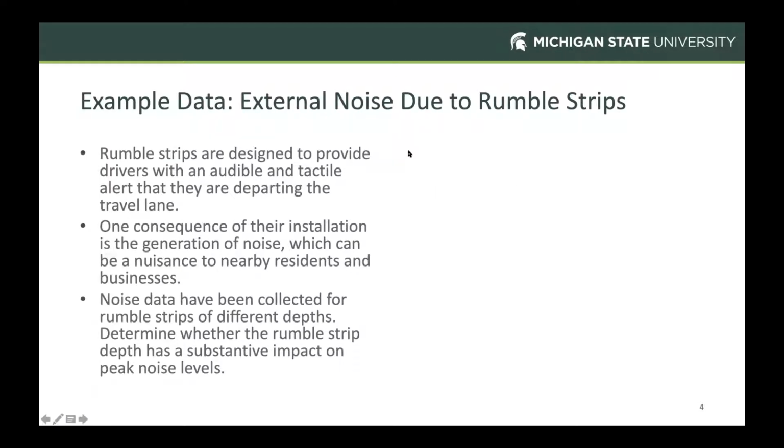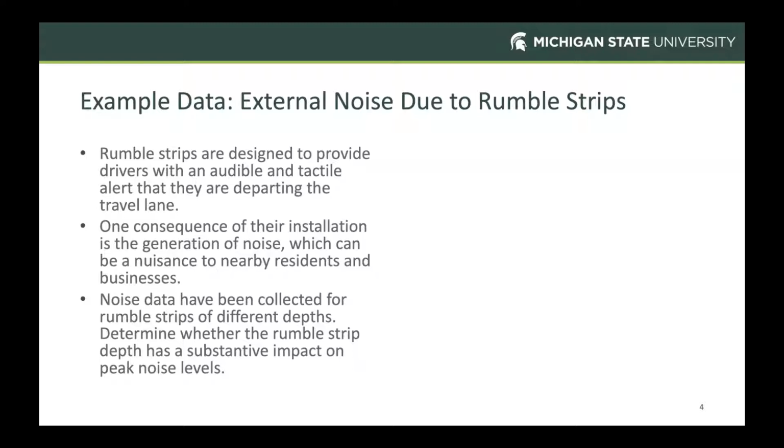So the data we're going to be working with today are modified and based upon a study we had conducted for the Michigan DOT probably about 10 to 15 years ago now, where we helped to evaluate the impacts of a statewide installation program for centerline and shoulder rumble strips. And so you're probably familiar with rumble strips.